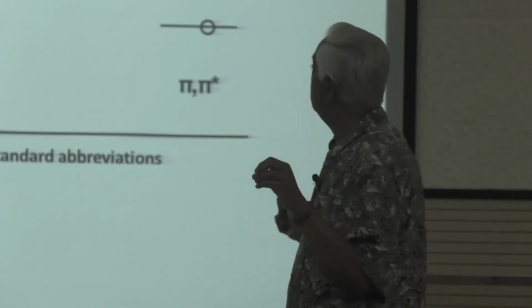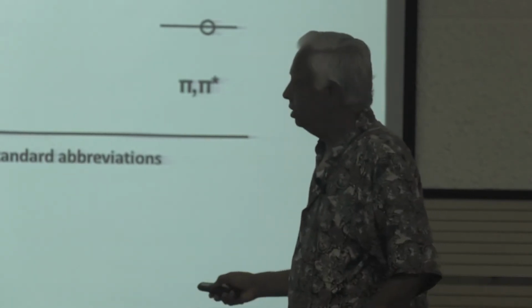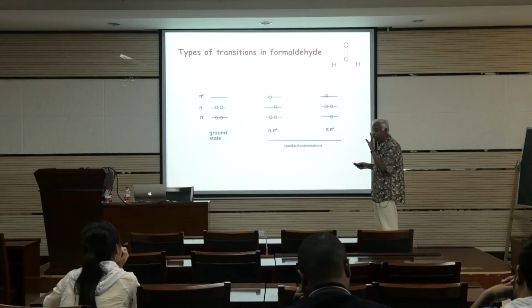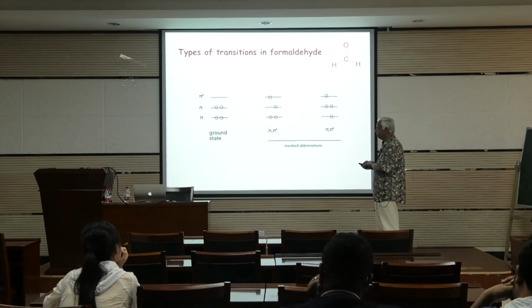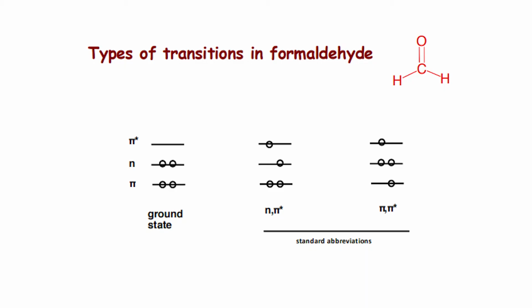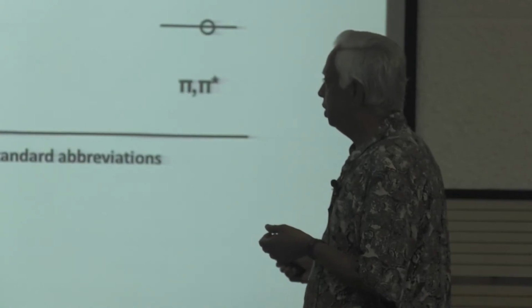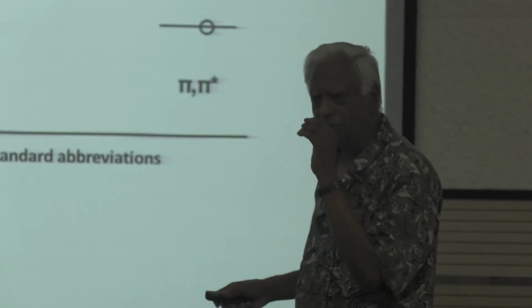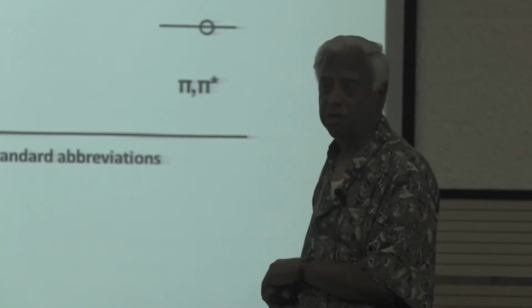When you have this compound in your hand, the electrons are going to be distributed like this. But there is a possibility you can have 1 electron here and 1 electron here. That is not the most stable arrangement. That is a less stable arrangement. For example, here we call them pi, n and pi star. So you keep track of where the electrons are.